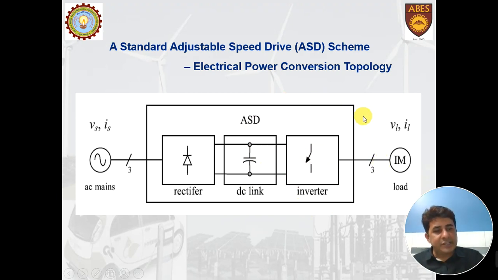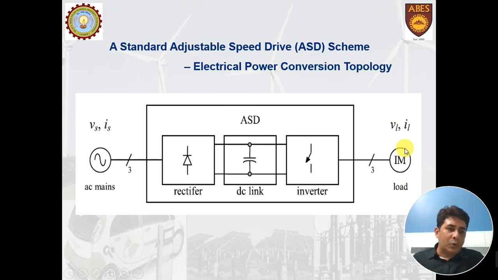In HVDC as well, the AC is first converted into DC, then DC is again converted into AC. There also we use an inverter. So wherever DC is to be converted into AC, we use an inverter. And generally in ASDs, like the example that I've considered here, we require a variable voltage and a variable frequency at the load.